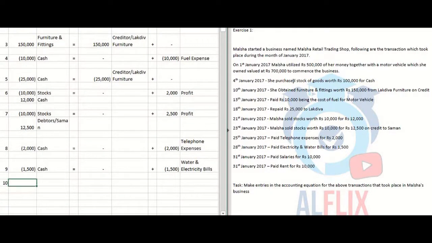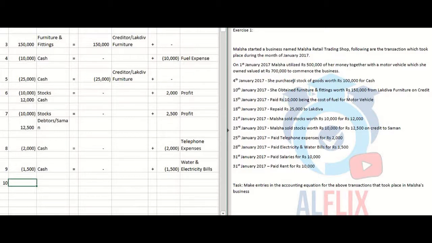Transaction number 10. 31st January 2017, paid salaries for rupees 10,000. Here the business incurs an expense with regards to salaries paid to the staff for rupees 10,000.